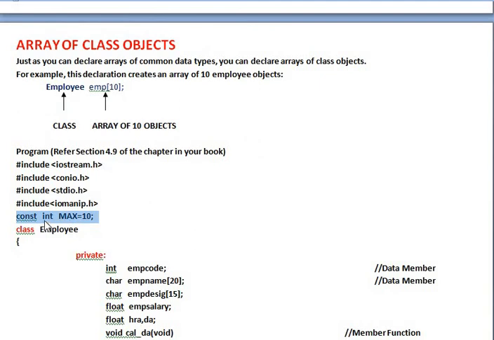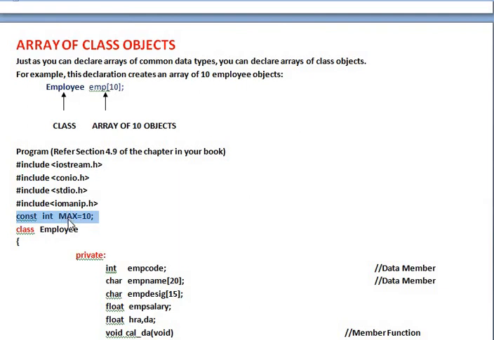If you see the beginning of the program, I have assigned the value 10 to max, and max becomes a constant as it is preceded by the keyword const. Just because I have preceded max with the const keyword, max no longer becomes a variable.